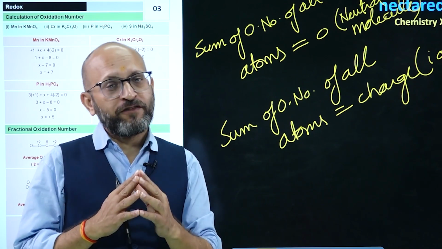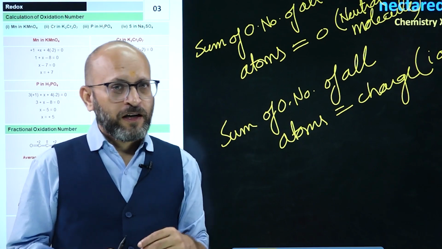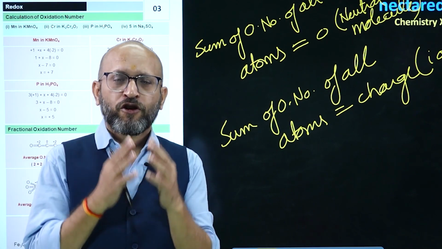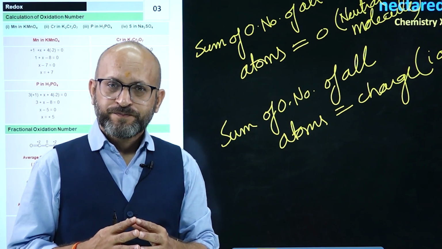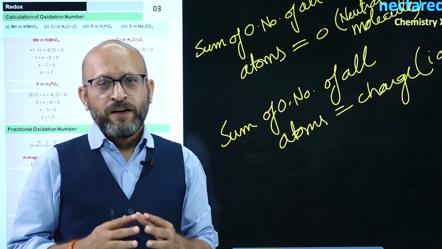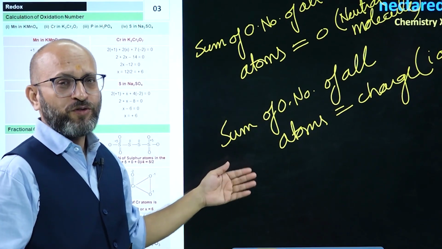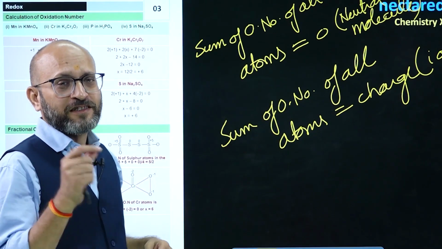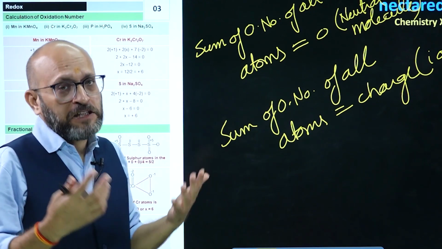Group 1 elements will always have +1. Group 2 elements will always have +2. Halogens commonly have -1. Oxygen usually has -2. So using these points plus this, you can easily calculate the oxidation number of any atom that you need.